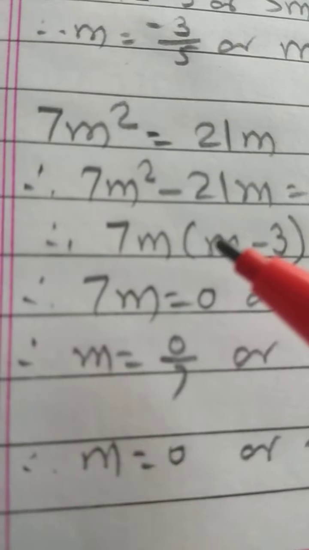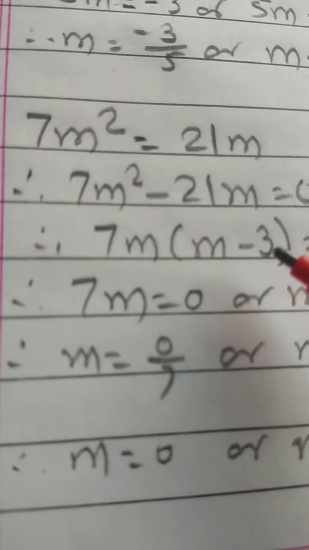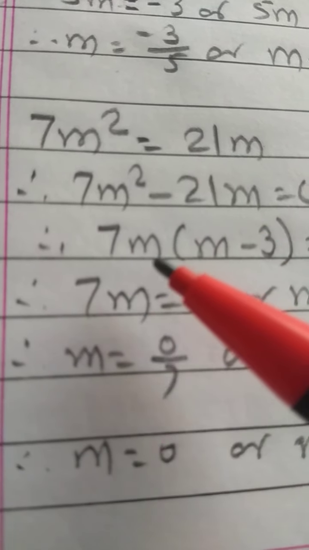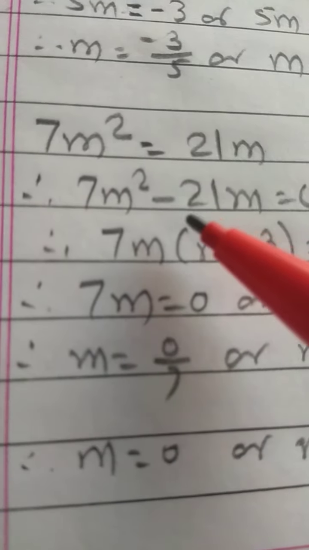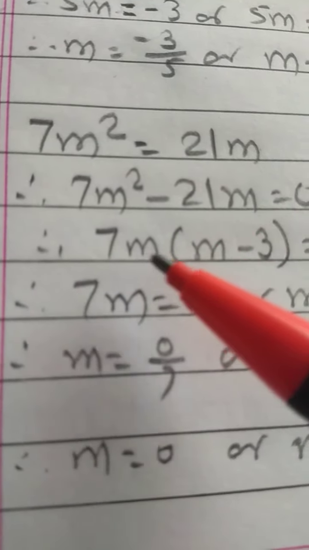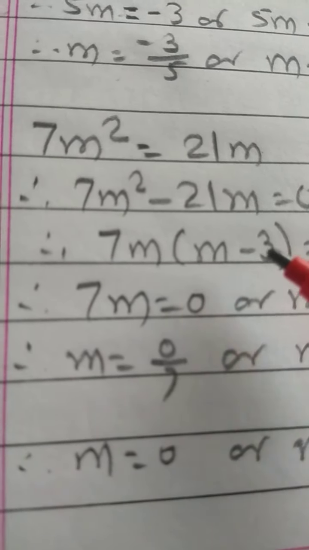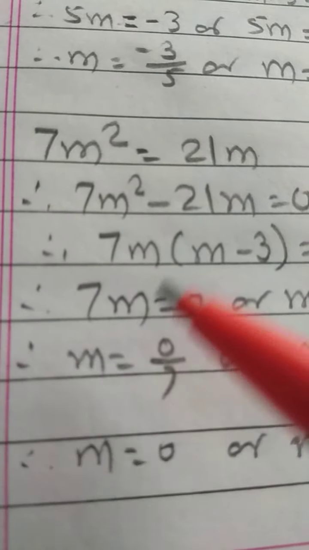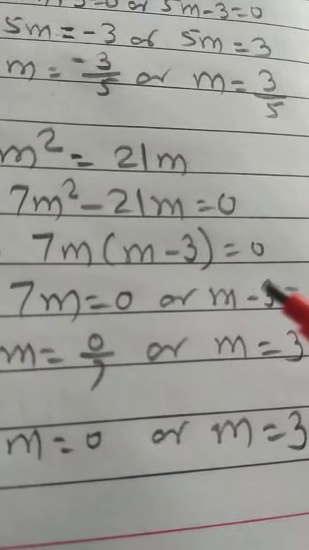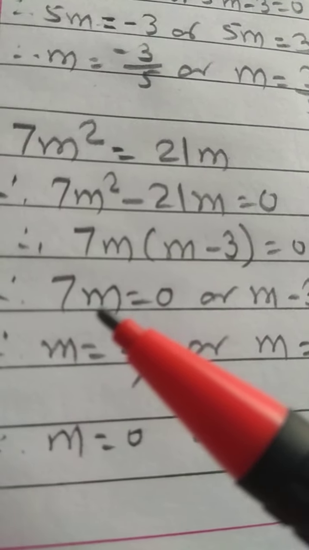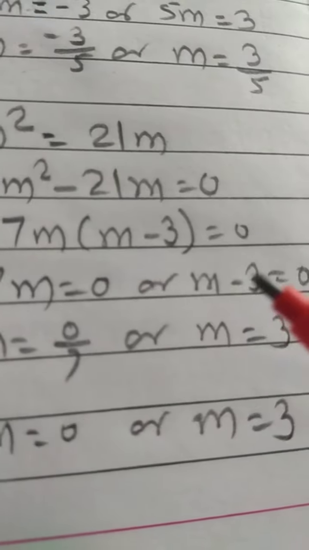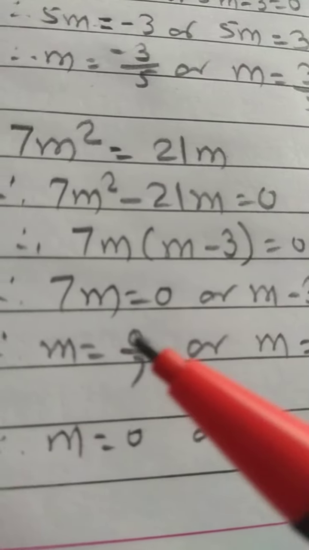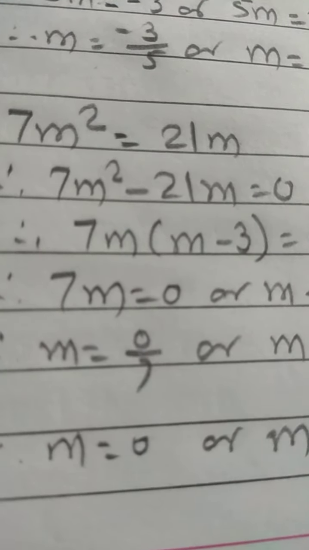What remains here is m. 7 3s are 21. As we are taking m common from minus 21m, here it will be minus 3. Either 7m equal to 0 or m minus 3 equal to 0. Therefore, m equal to 0 upon 7 or m equal to 3. 0 upon 7 will give you 0.